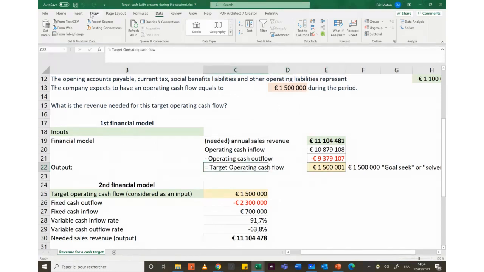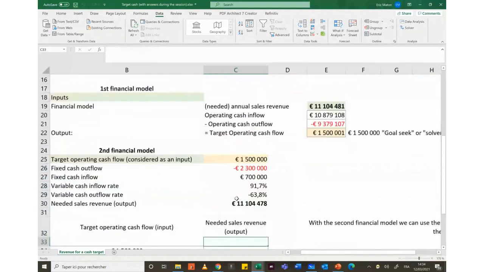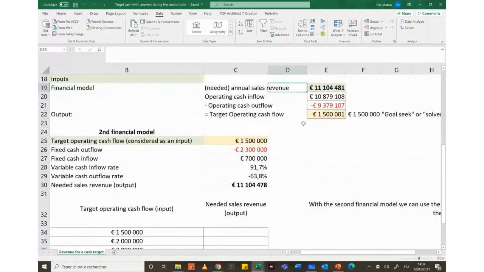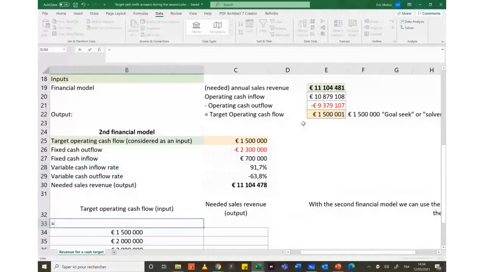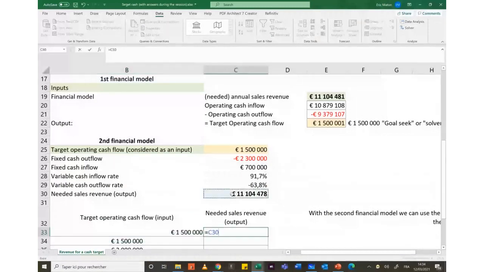Okay, so with the second model, it's easier to have the solution for different calculations. So now I can use the data table with the second financial model. I don't need to use all the time the goal seek or the solver. So I just need to precise where is the cell with the input, here. Where is the cell with the output, here.